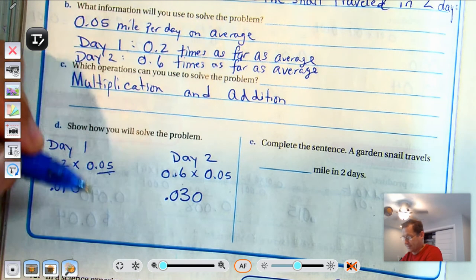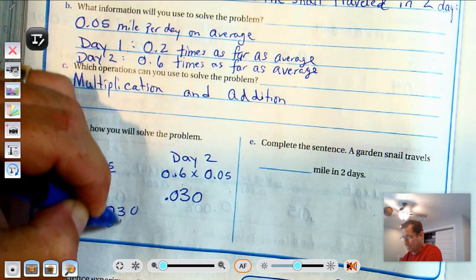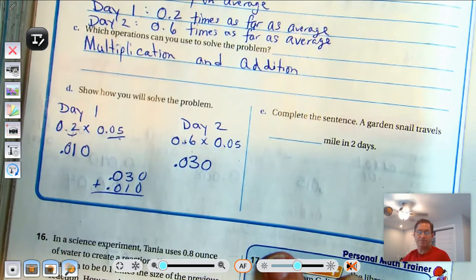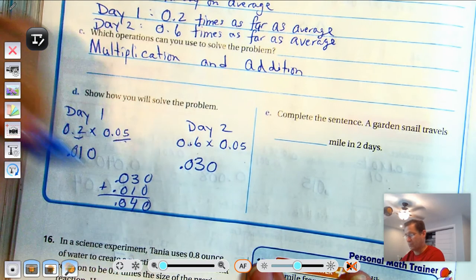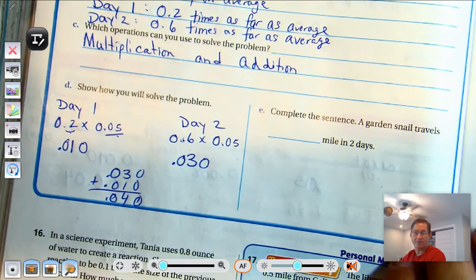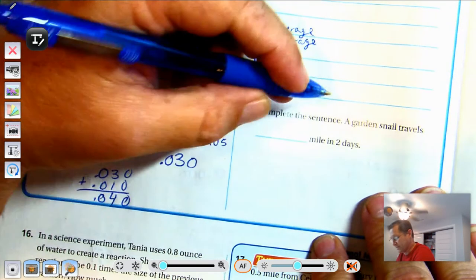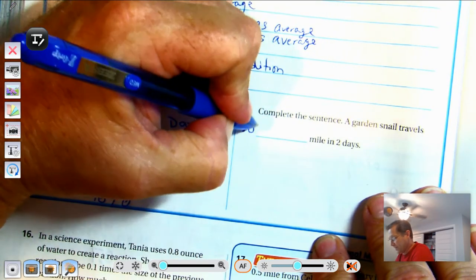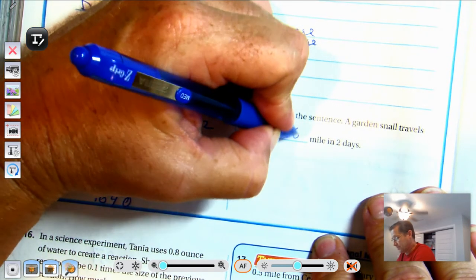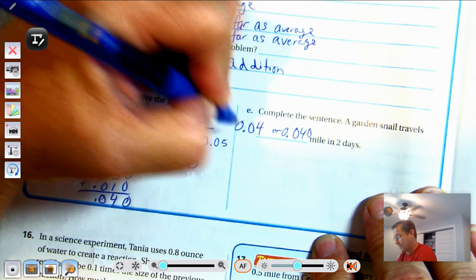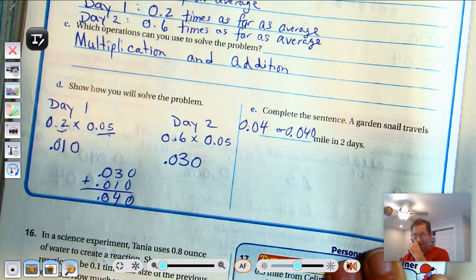Now let's just add those together. 30 thousandths plus 10 thousandths. We'll wind up with 40 thousandths of a mile in 2 days, or 4/100ths of a mile. So we can say 4/100ths or 40 thousandths mile. They're equivalent.